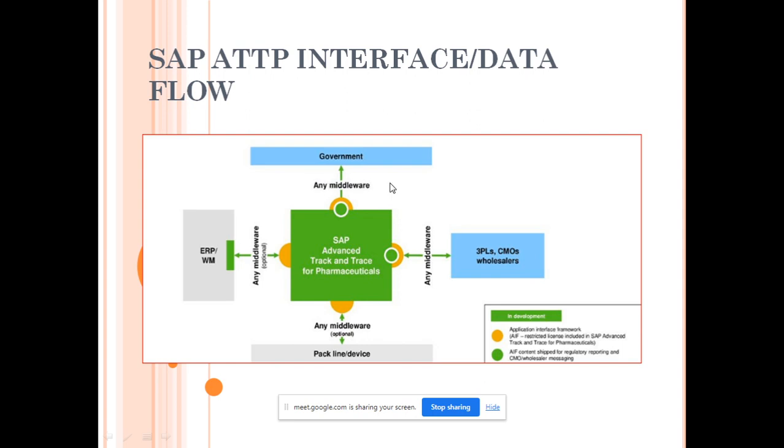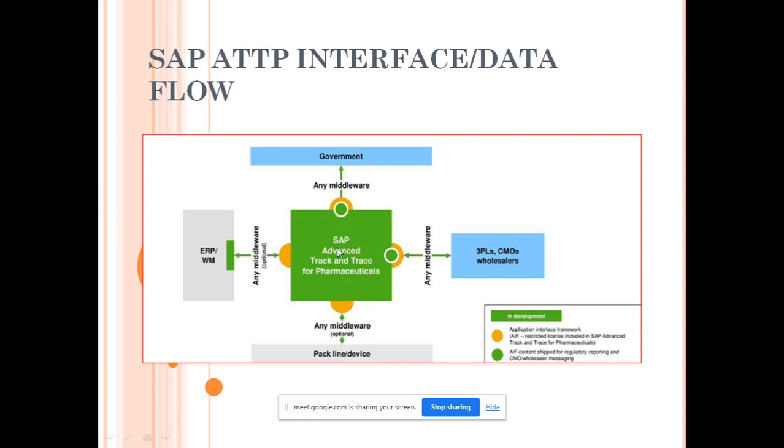Right now we are using SAP ICH as a middleware to integrate from the country legislation systems to the ATTP system, and most customers use SAP ICH as a middleware to connect from the ATTP system to 3PL systems or CMOs. For ERP to ATTP we can use our internal SAP product like SAP PI. For the packing line system we can also use SAP PI, or we can transfer the data directly.